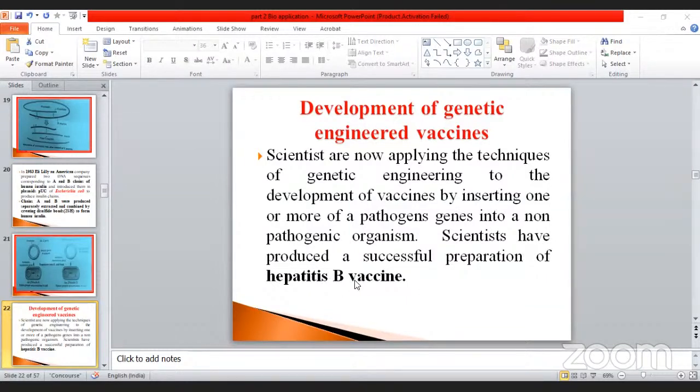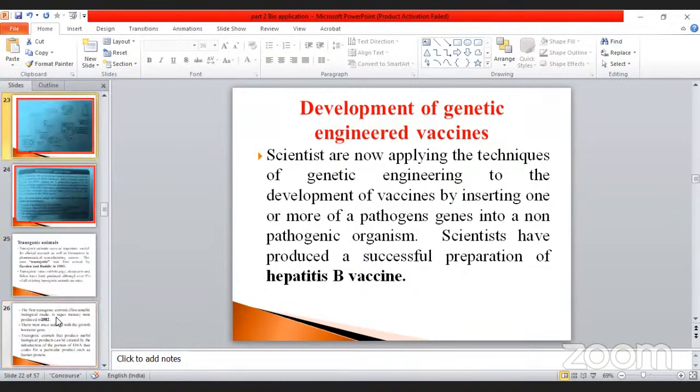Here the hepatitis B virus gene is inserted into non-pathogenic organisms. As already discussed in the previous slide, they produce the antigen, and from that we can produce the hepatitis B vaccine. That is very, very important, my dear students.